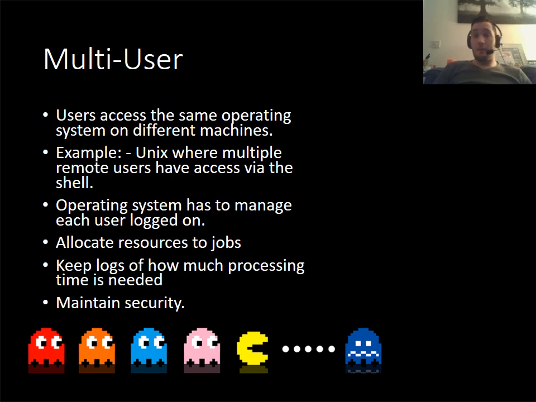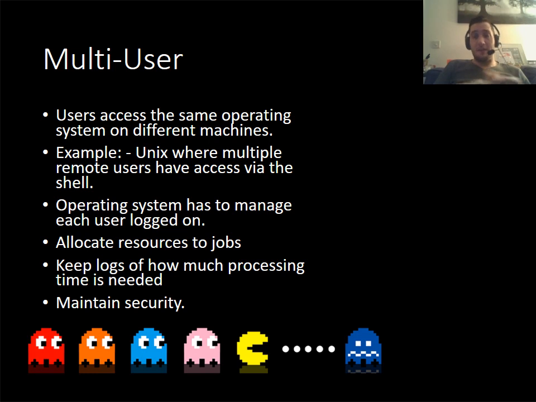Then we have our multi-user operating system. Now, this one's a tricky one because what it basically means, I want you to think about logging in remotely. So you may have one main computer, such as a bank, but multiple users log into this computer system. You can think of it similarly to a database in that you've got multiple users logging in through a shell, and we all access the same operating system.